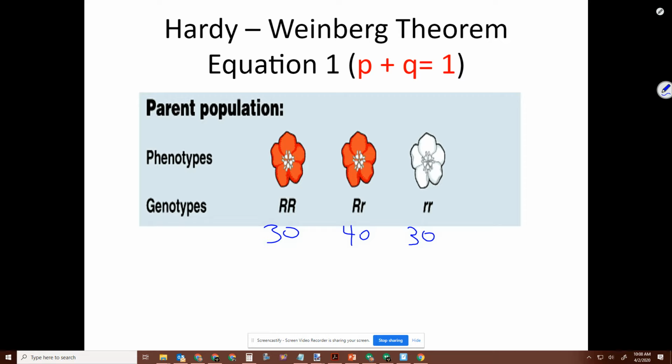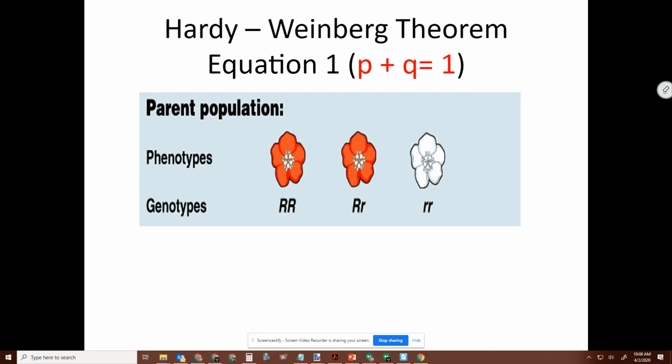If you come back in 100 years and those percentages have changed to that, then you would say there has been a change in this population. And what do we call that change in the population over time? We call that evolution. And so the Hardy-Weinberg theorem then is a way for us to measure that change.